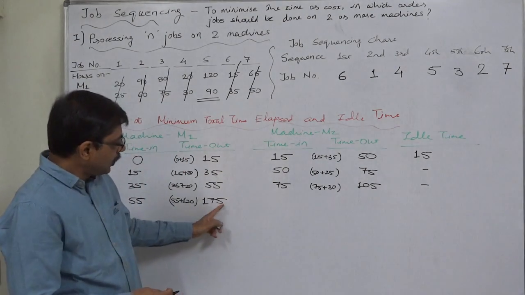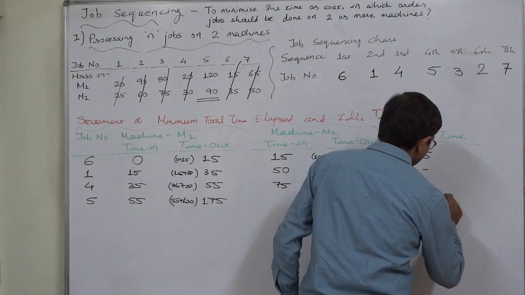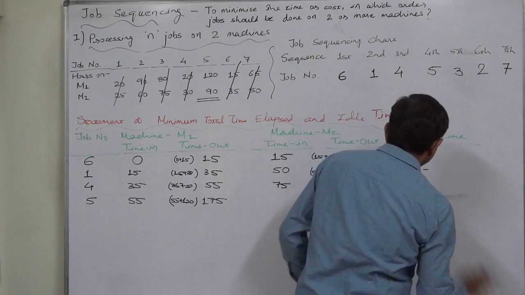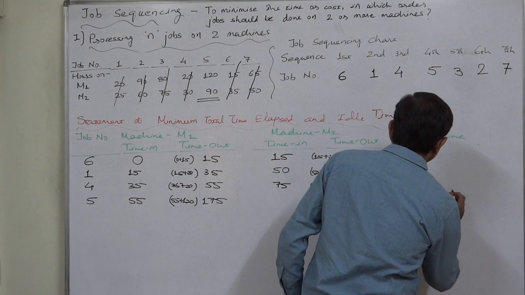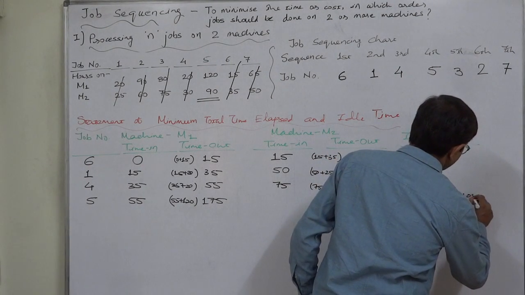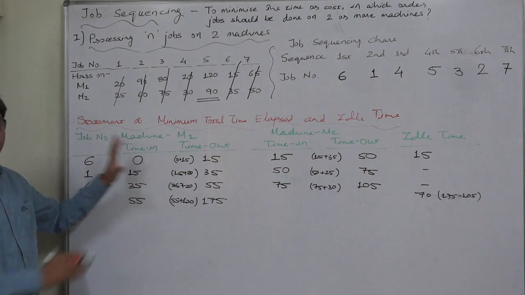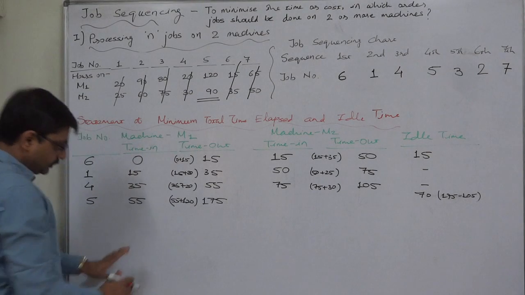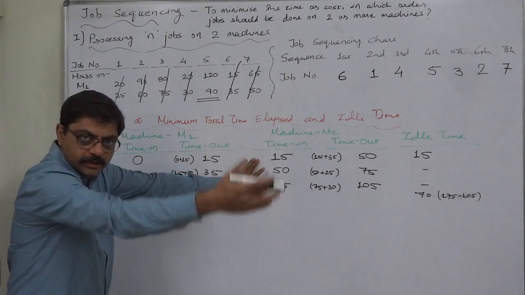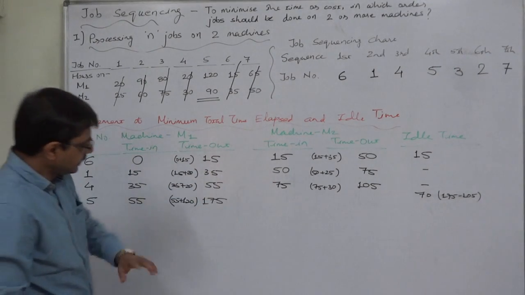So this is the case of idle time. 175 minus 105, so idle time comes to 70 on machine 2. Mind well, on machine 1, there can never be idle time in between the jobs. It continuously works. Only machine 2 and subsequent machines have to wait. When a machine is waiting, there is idle time.